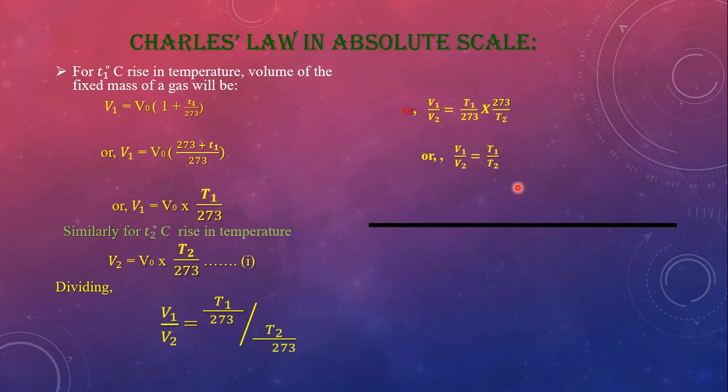You can leave it like this, but I have a tendency to keep V1 and T1 on one side and V2 and T2 on the other side. So we get V1 by T1 is equal to V2 by T2. This is also a very important relation for Charles' law, and we solve a lot of numerical problems using this Charles' law equation.